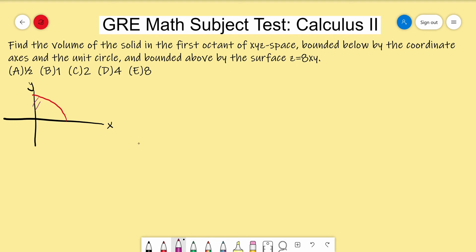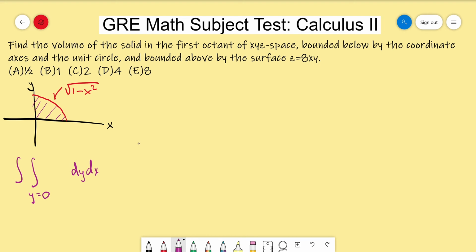So our domain of integration is going to be this area right here, which we can set up in our double integral as follows. We can integrate first with respect to y and then with respect to x, where y goes from 0 to this unit circle, which is square root of 1 minus x squared.